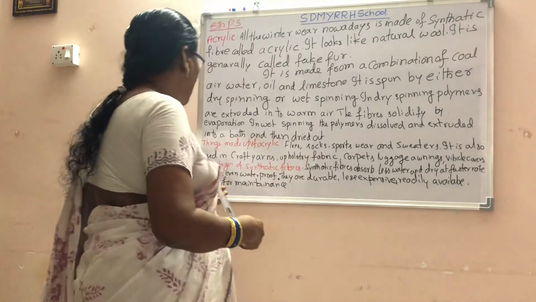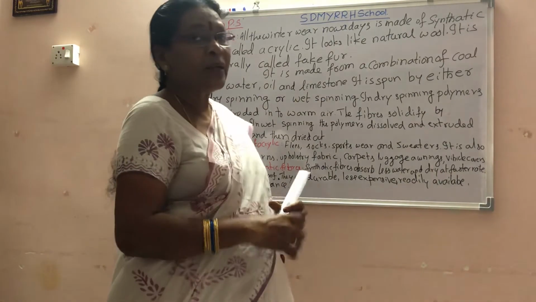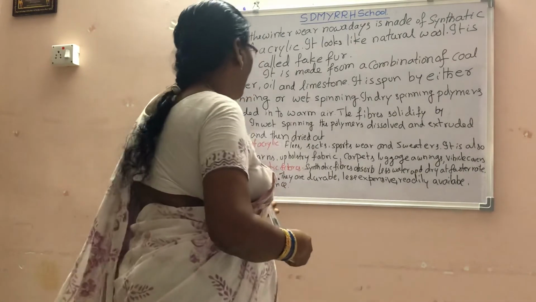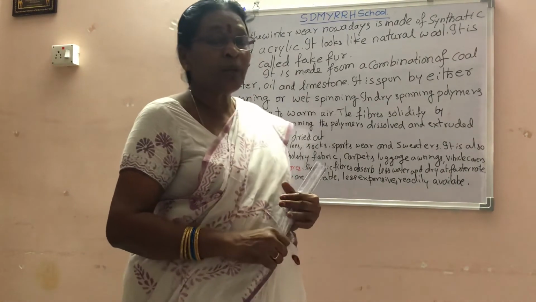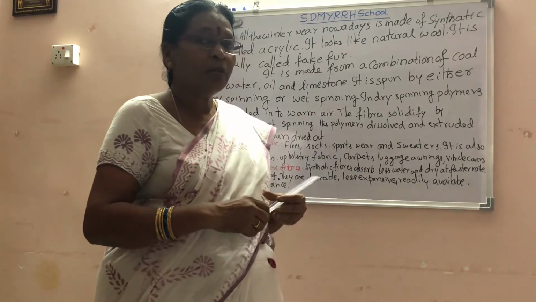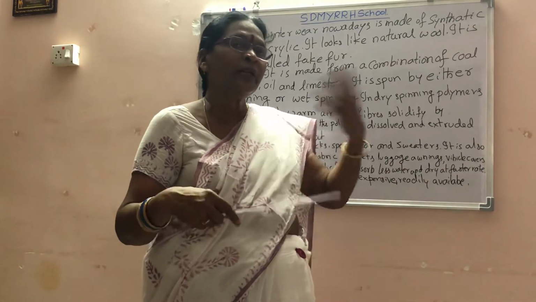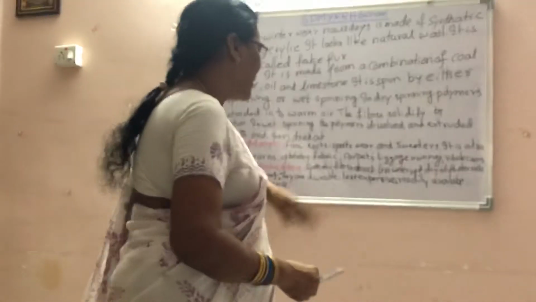Next, some are even waterproof. They cannot absorb water. They are durable. Durable means we can use them for so many years, but cotton fibers we cannot use for so many years.